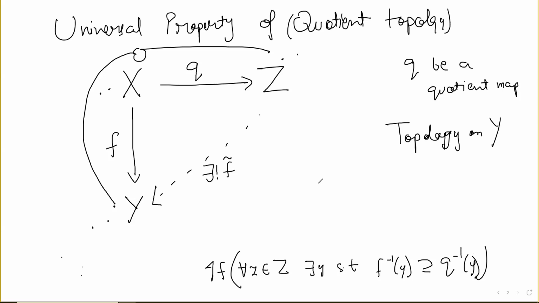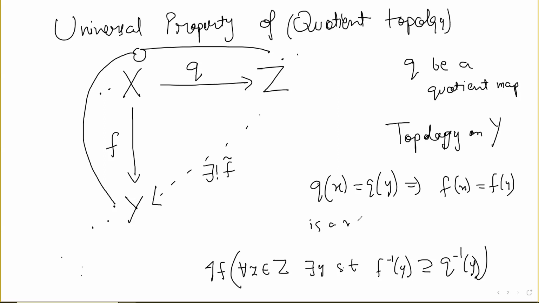So for a map, even a set theoretic map to exist, given Q, and now you're given F, for a set theoretic F tilde to exist, it is necessary that Qx equal to Qy implies that f of x equal to f of y.